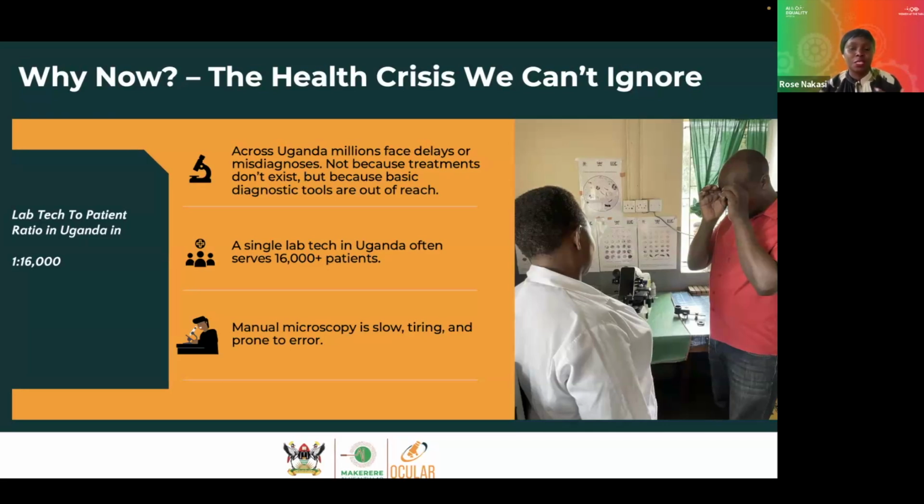And that means that for diseases such as cancer, by the time they get an accurate diagnosis, the disease would have gone into states that are very challenging. And this usually leads to mortalities that are caused by misdiagnosis.